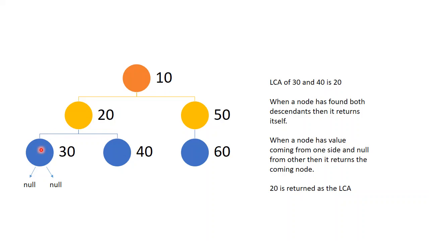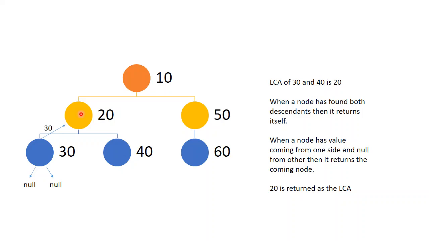If you are thinking about the time complexity at this point, you can rest assured that the time complexity is O of n, because the control goes exactly once at each node, not more than that. So O of n is the time complexity here.